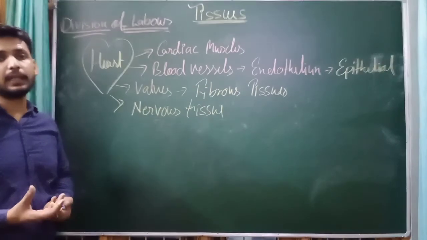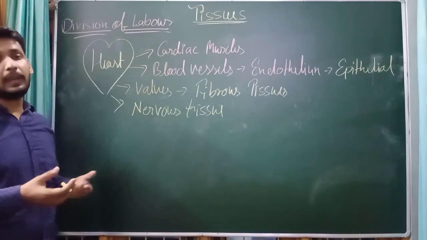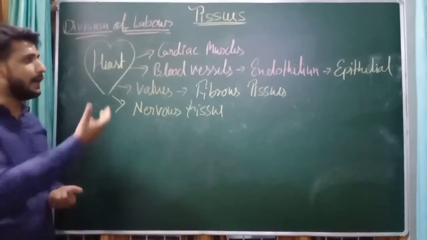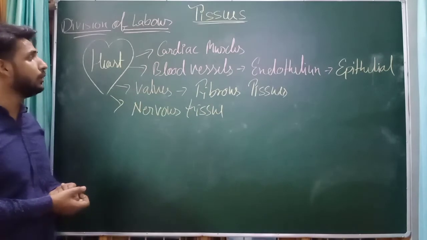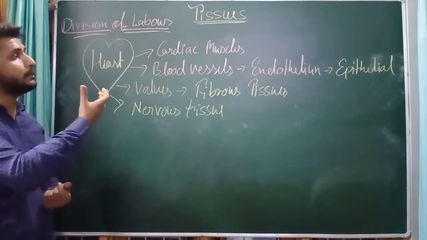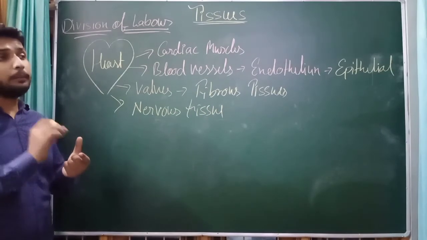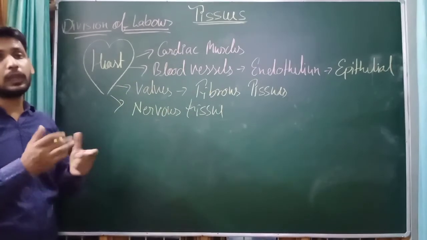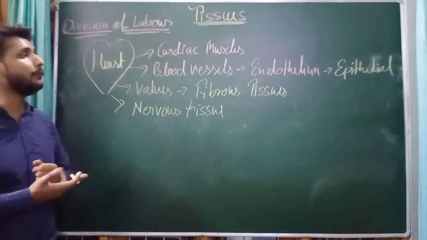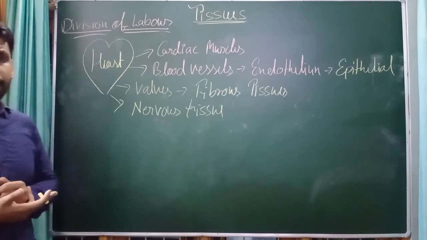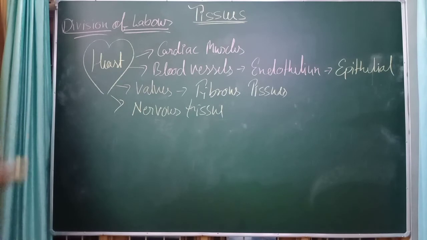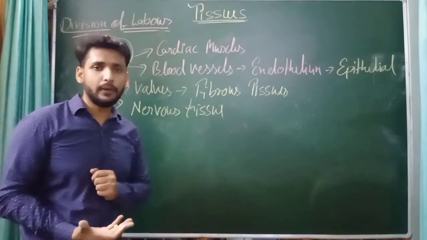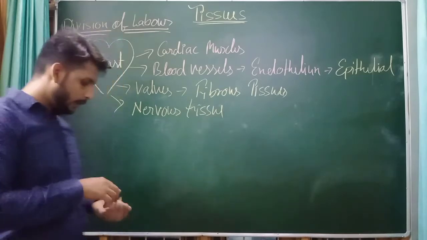Blood is a connective tissue, and here the blood supplies oxygen to the heart. In blood vessels blood flows, and the walls of blood vessels are made up of endothelium, or epithelial tissue. So every tissue here has a particular function.